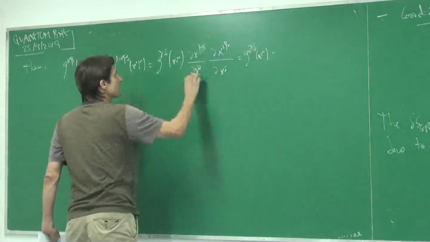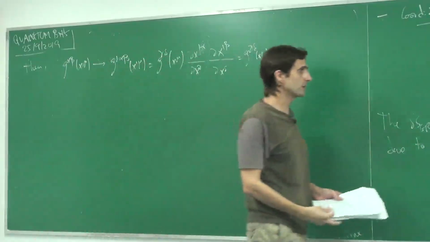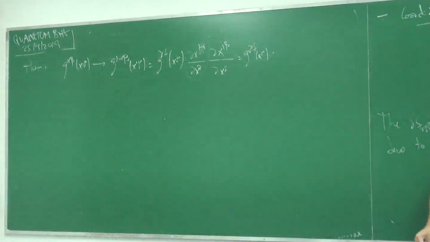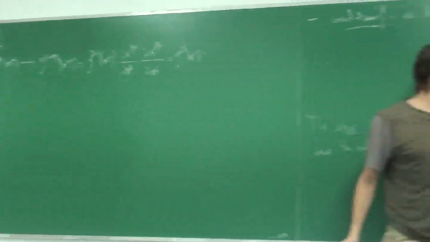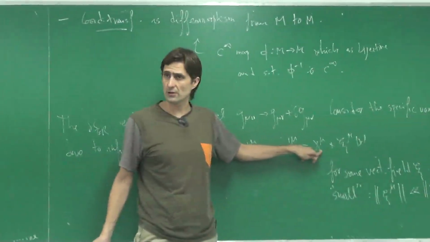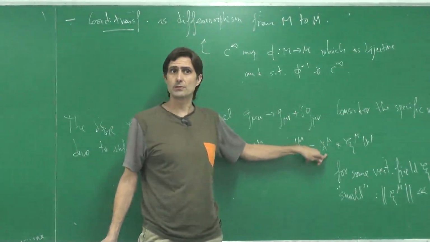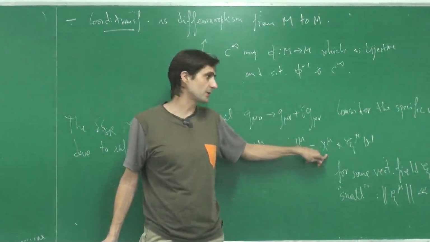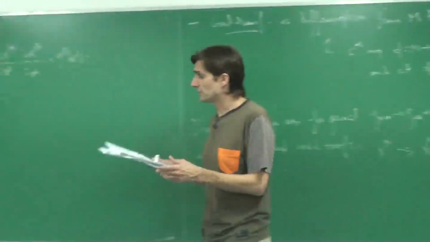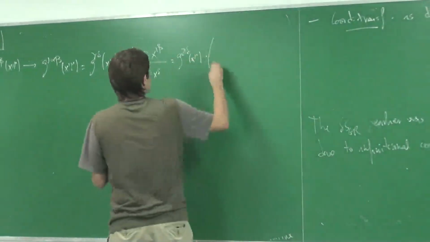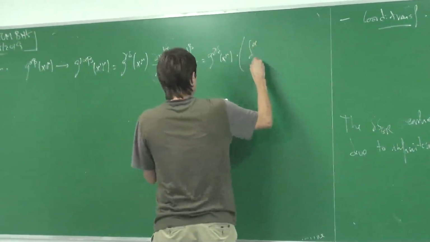So these derivatives are trivial for this particular case of infinitesimal coordinate transformations. The derivative with respect to the first one is just a Kronecker delta. It's equal to 1 if you differentiate with respect to x mu, it's equal to 0 if it's not the muth component. And the other one, you just take the partial derivative. So this is delta alpha gamma.